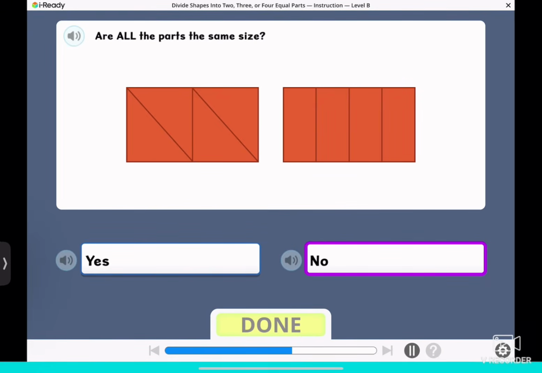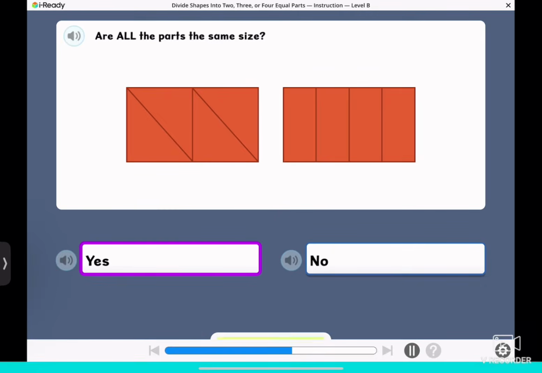Think about how many equal parts each rectangle has. Try again. Yes! Each rectangle is the same size and is divided into fourths. So all the parts are the same size.